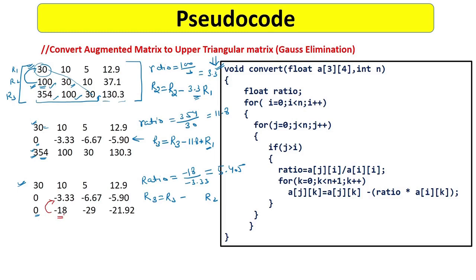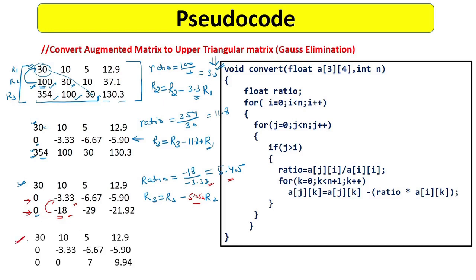Accordingly I will apply the row operation R3 equal to R3 minus ratio into R2. The ratio will be this minus 18 upon minus 3.33, which gives 5.405. So R3 equals R3 minus 5.405 into R2. I will apply this row transformation on row number 2 and row number 3, and finally I will get a new matrix.